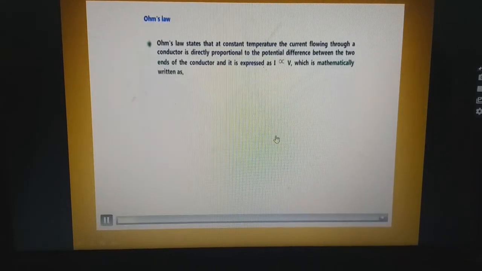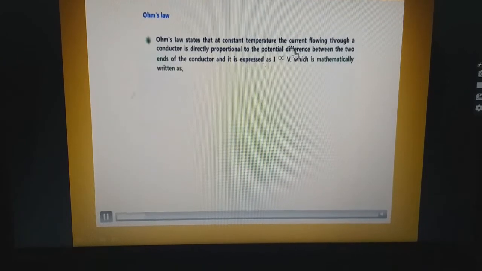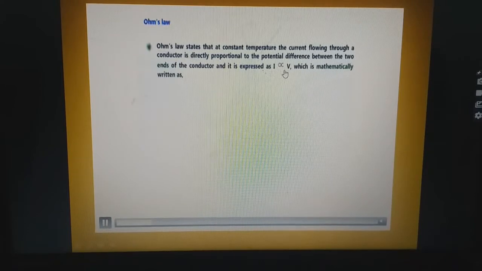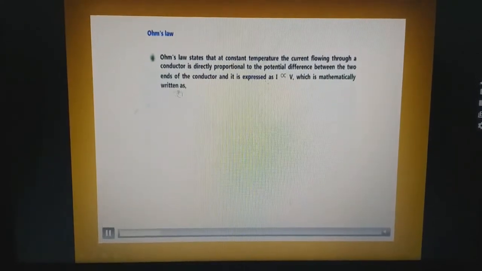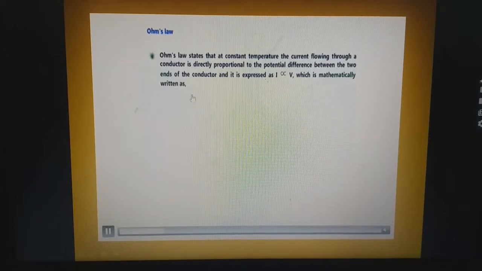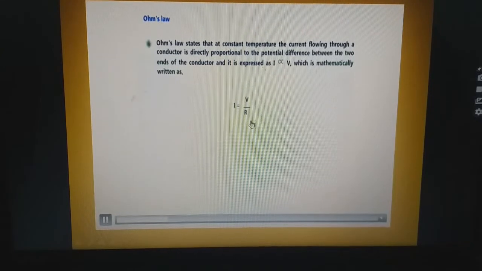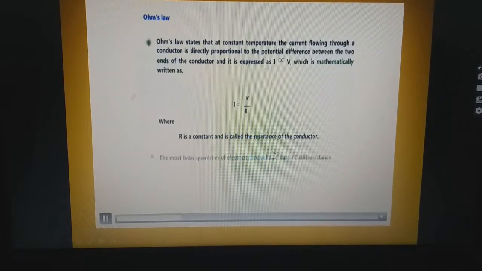Ohm's law states that at constant temperature, the current flowing through a conductor is directly proportional to the potential difference between the two ends of the conductor, expressed as I is proportional to V, which is mathematically written as I is equal to V over R, where I is the current, V is the voltage, and R is the resistance. R is a constant of proportionality here, and it is called the resistance of the conductor.